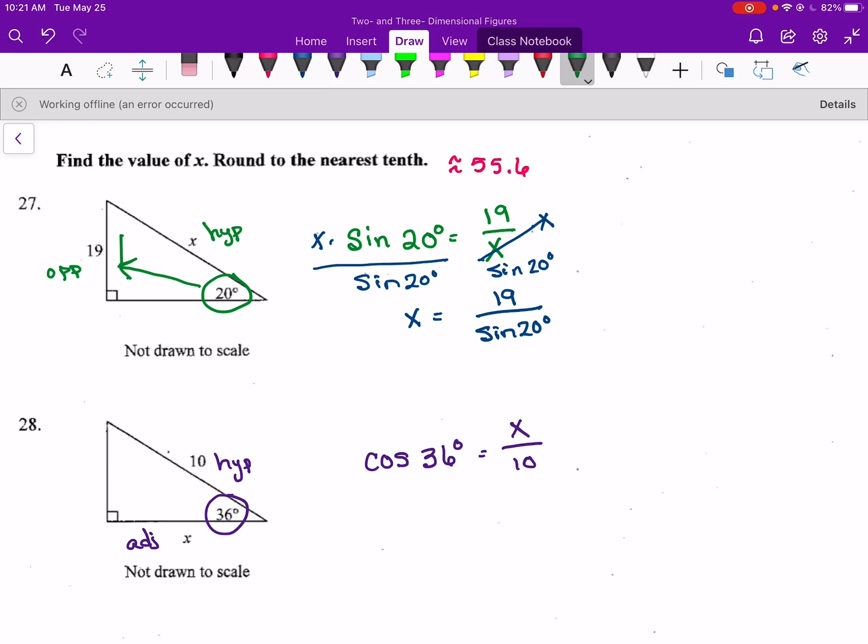Solve for x. So let's multiply both sides by 10. And we have x equals 10 times the cosine of 36. And if you type in 10 times the cosine of 36 degrees into your calculator, you will have our answer, which is approximately 8.1.